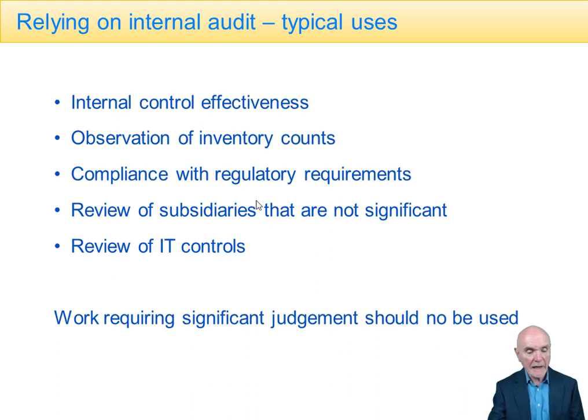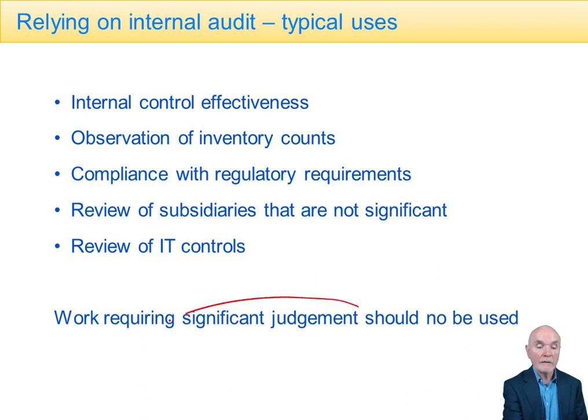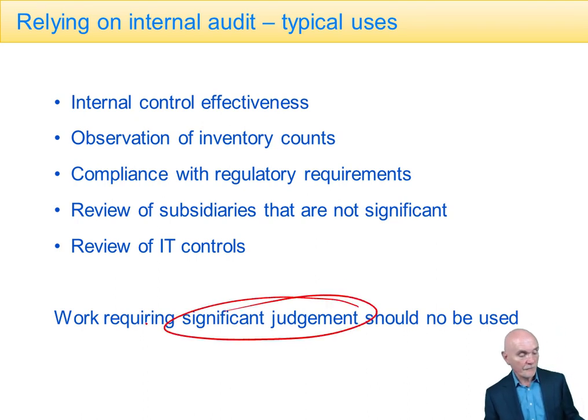You should notice a particular area where internal auditors are not to be relied upon by external auditors. That is work requiring significant judgment. So as an external auditor, you would never be very happy about getting the internal auditors to go through the inventory and make a judgment about which elements of the inventory would sell at above cost and which have to be written down.